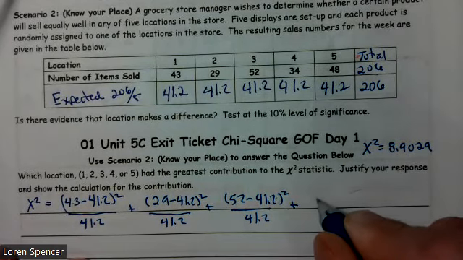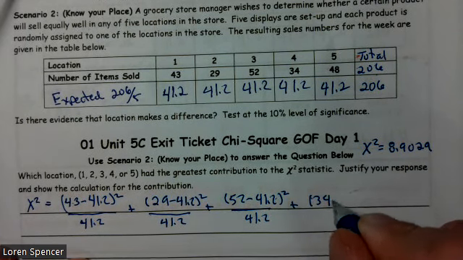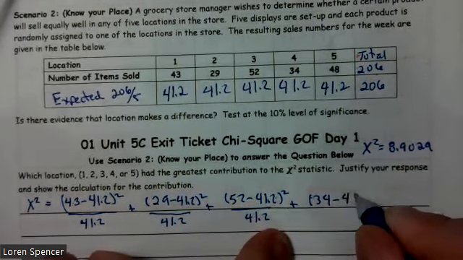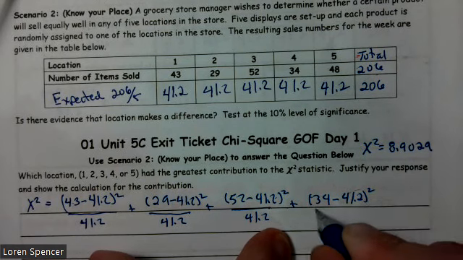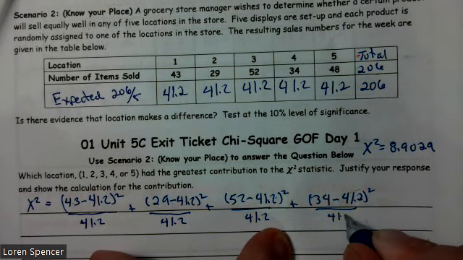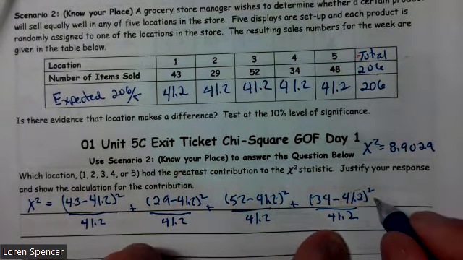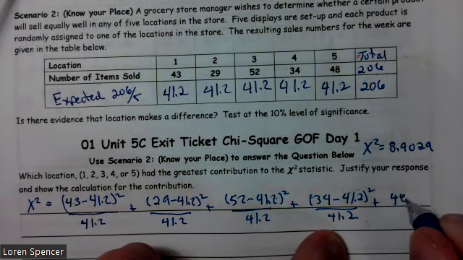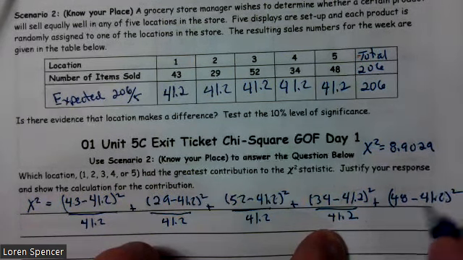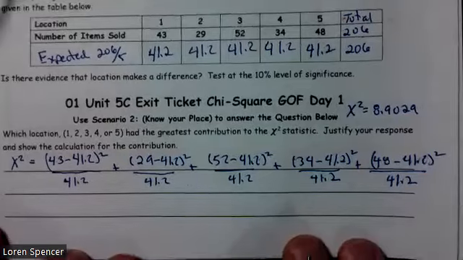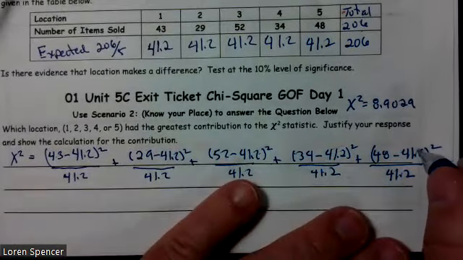It gets a little bit monotonous here, but we're going to finish this out like a good statistician. Plus 48 minus 41.2 squared over 41.2.